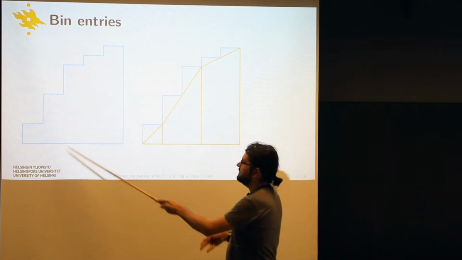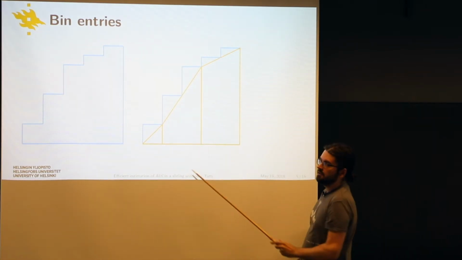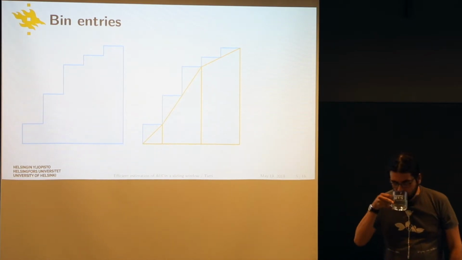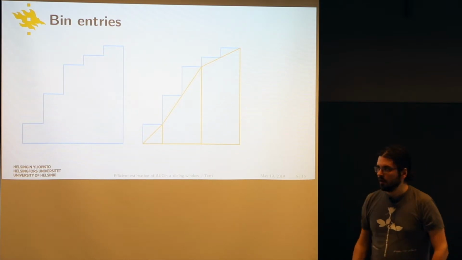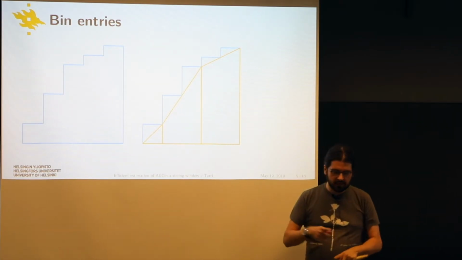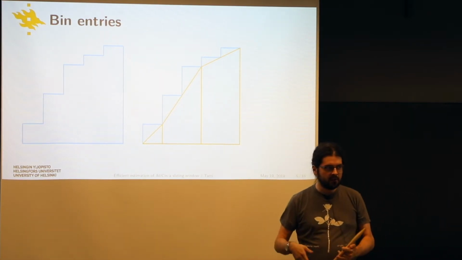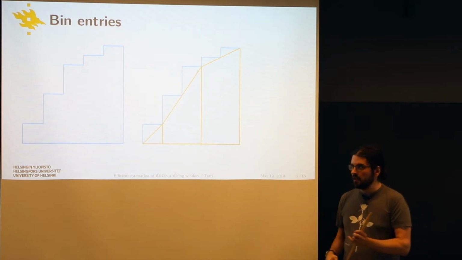So instead of computing this blue area, what you want to compute is this orange area here. Now, the fewer bins you pick, the less time you spend enumerating over them. But then your approximation may go down. So you have to pick the number of bins and pick how you choose those bins a bit carefully.